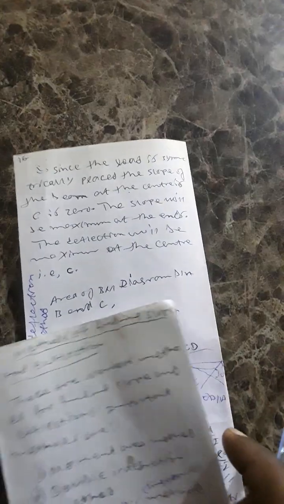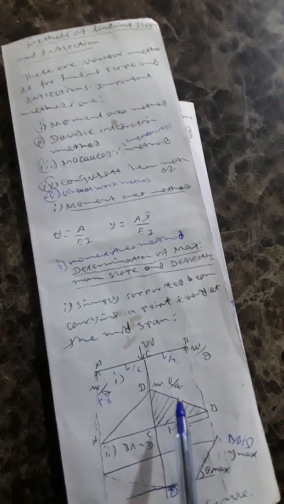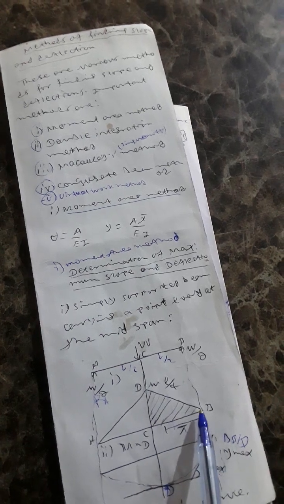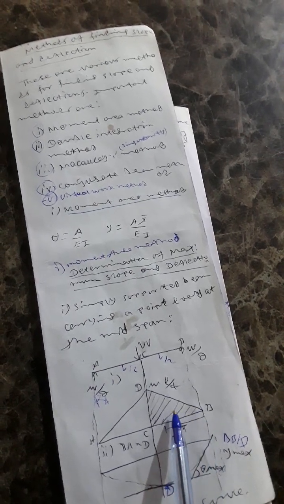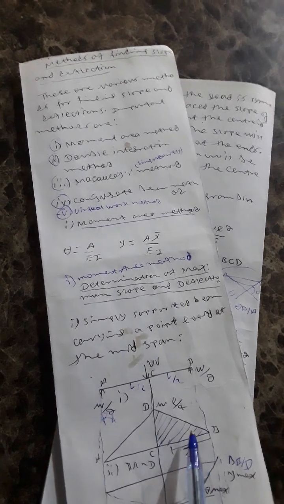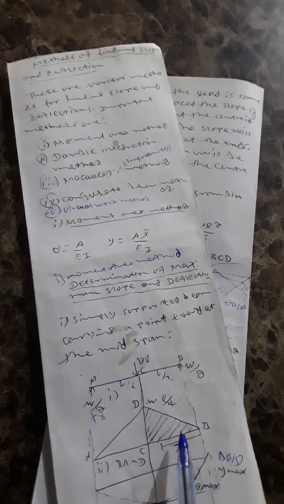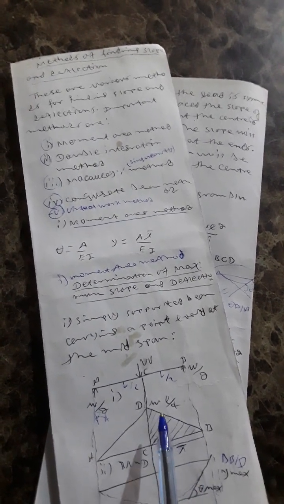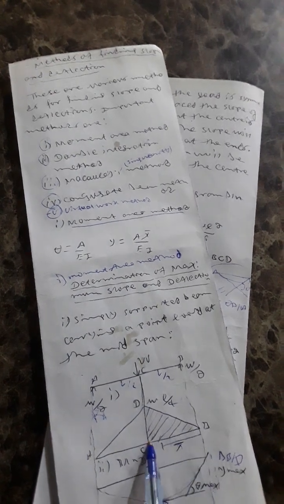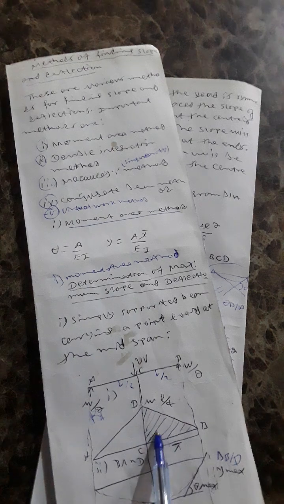It is the area of this triangle: WL over 4 times L over 2, times 1 over 2, since it is a triangle. This is the area of this.